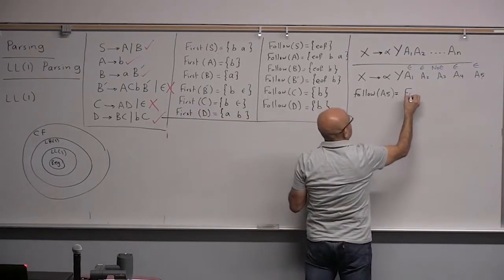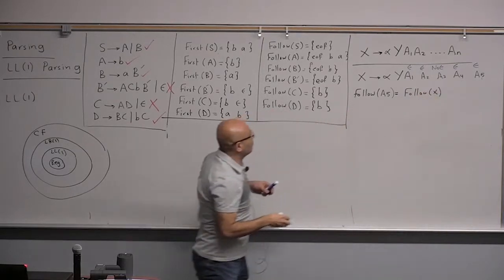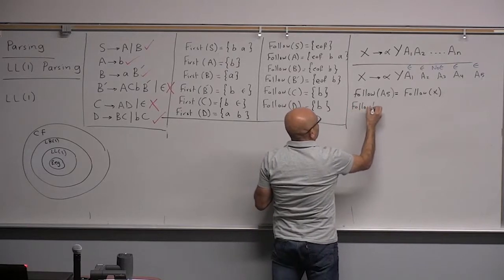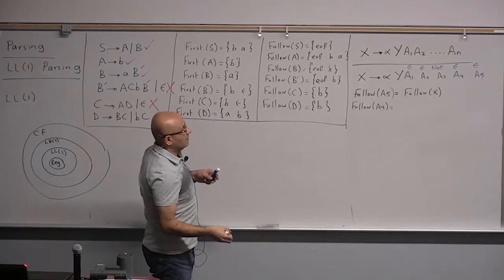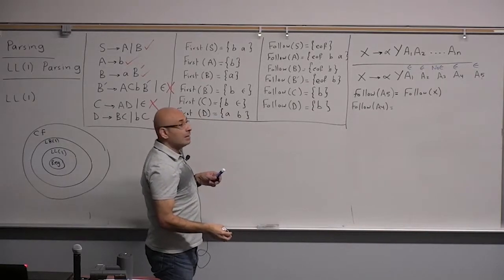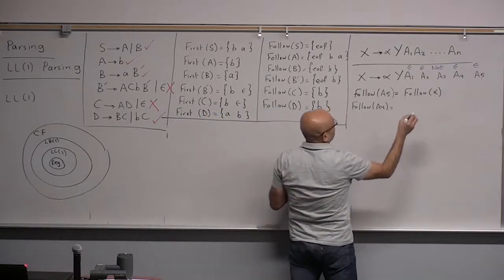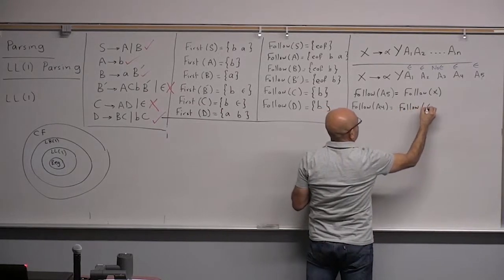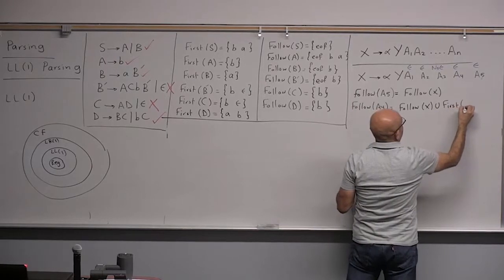Follow of A5 is going to be the follow of x. Now, what will be the follow of A4? First of A5 union follow of x. So it's going to be follow of x union first of A5.